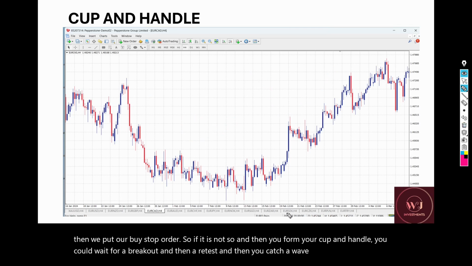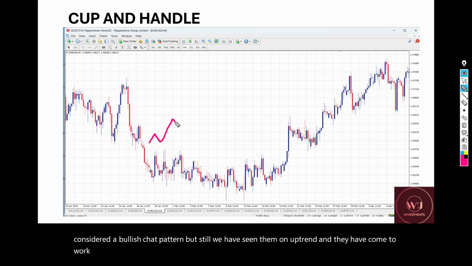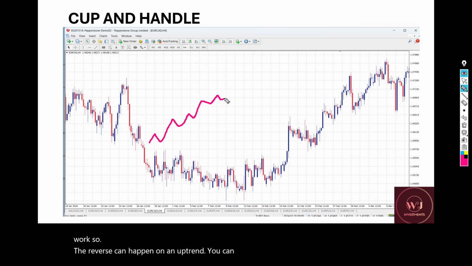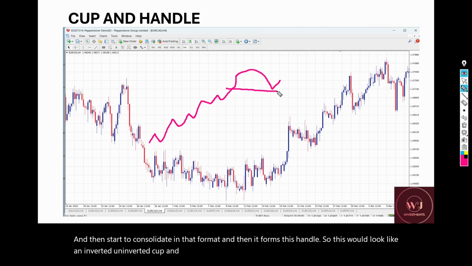So this is normally considered a bullish chart pattern, but still we have seen them on uptrends, and they have come to work. So the reverse can happen on an uptrend. You can see that the price is moving high, and then it starts to consolidate in that format, and then it forms this handle. So this would look like an inverted cup and handle, but it has not been taught anywhere.